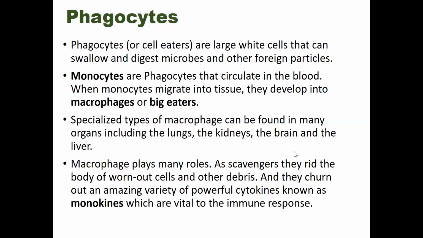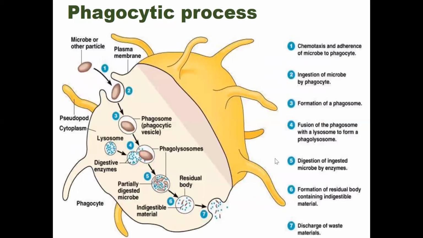So see here, this is the total phagocytic process. How does this phagocytic process take place? See this yellowish one, this is the macrophage, the phagocytic cell.